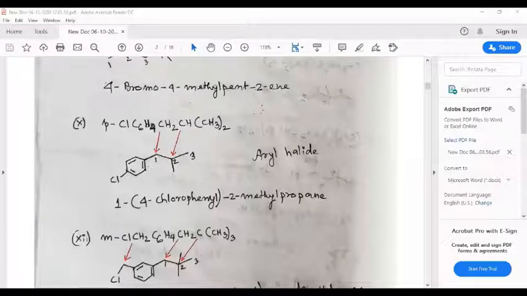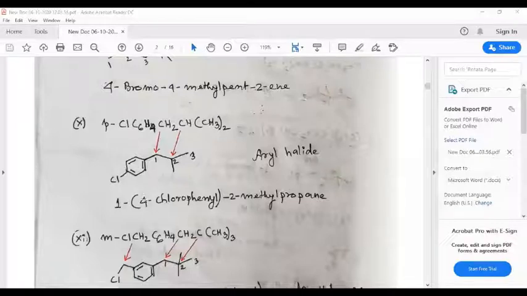So at one position, this is the attachment. Then in this benzene ring, there is one chlorine, and that chlorine is at 4 position of the chlorophenyl ring. This is the point of attachment of the benzene ring. So this number will get 1, 2, 3, 4. At 4 position, there is one chloro group.